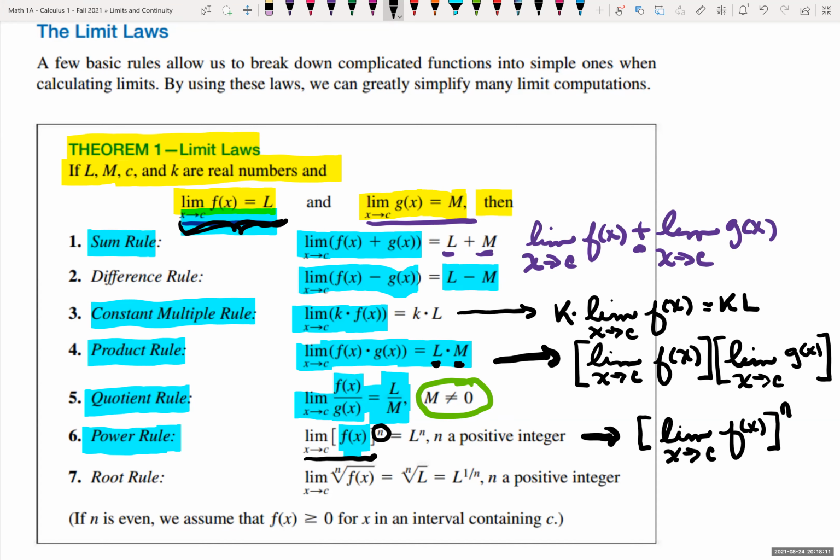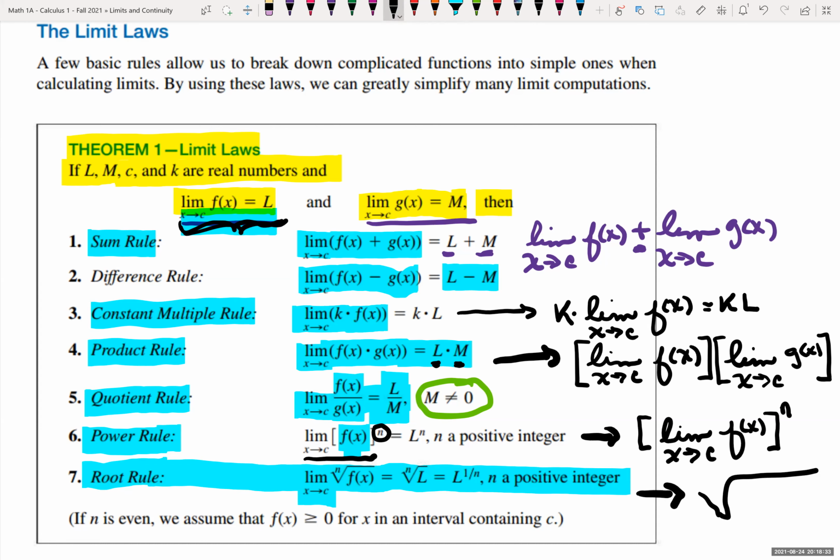And similarly, the root rule, again, because roots can be written as radicals. So if we have a limit of a radical, we could rewrite it where we are looking at the nth root, and then what's underneath the radical, the radicand, we can look at the limit of what was underneath the radical. So limit as x approaches c of the function underneath the radical, f of x.